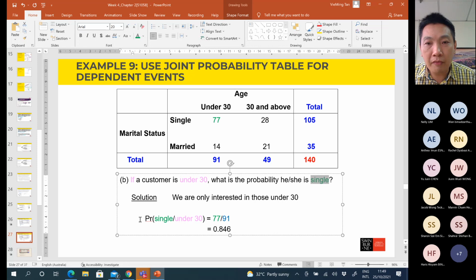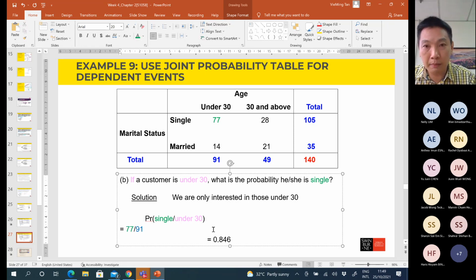So what is the meaning of this equation then? I can add one more step.